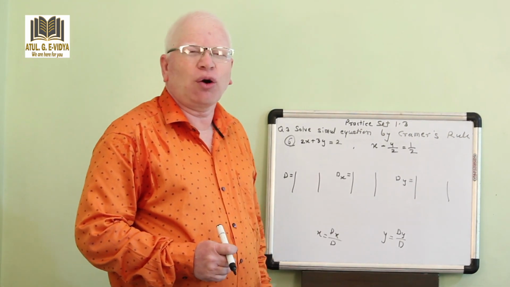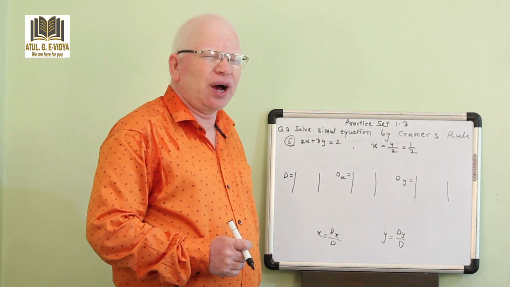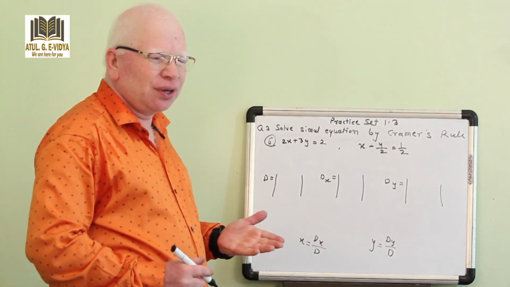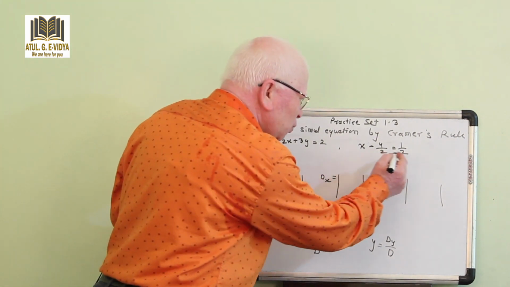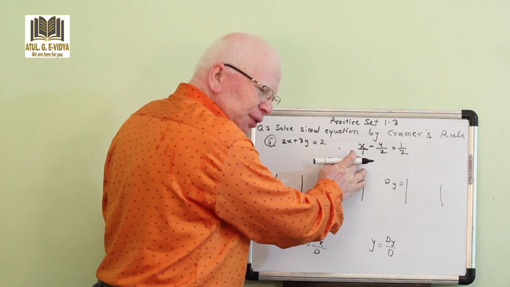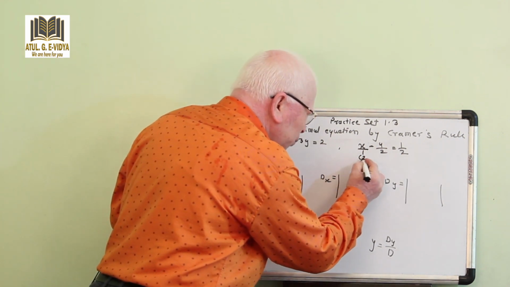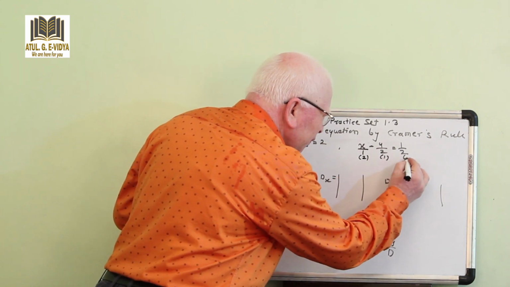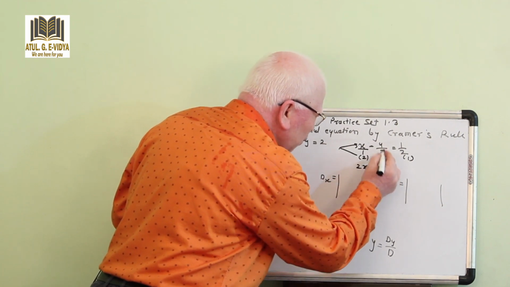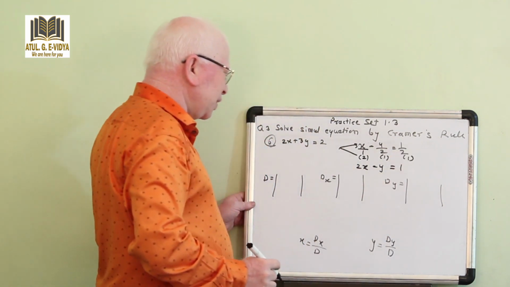So friends, we have already learned 2 examples from Cramer's rule. Now we are looking forward to the sixth. In the sixth example, here is one equation with fractions. Let us solve it. If the denominator is absent, we have to take 1, and take the LCM of 2 and 1, that is 2. Hence we have to write down 2 here and 1 here. Take multiplication, 2 into x, that is 2x, 1 into y, that is 1y, and 1 into 1, that is 1. How easy?